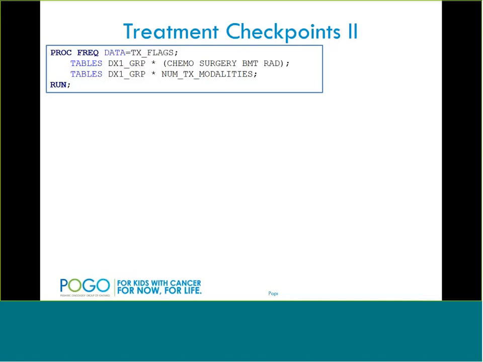And I put those all in there in the brackets because instead of writing out diagnosis group star chemo, diagnosis group star surgery, it's going to take whatever's in that bracket and apply it to the diagnosis group. And it's going to create for me a whole bunch of 2x2 tables. And by creating those 2x2 tables, I'm able to look at how my data is distributed.